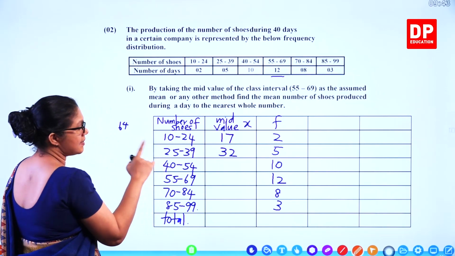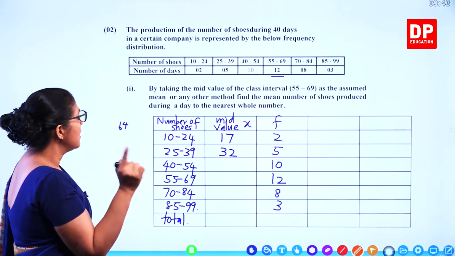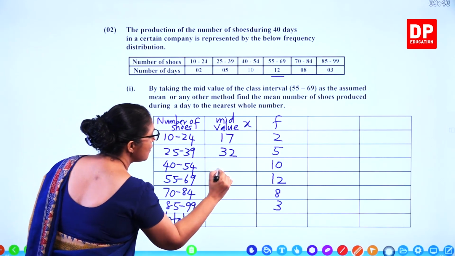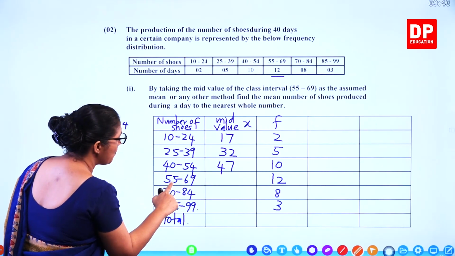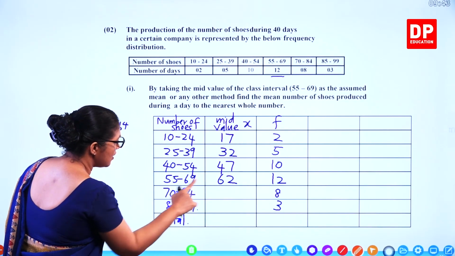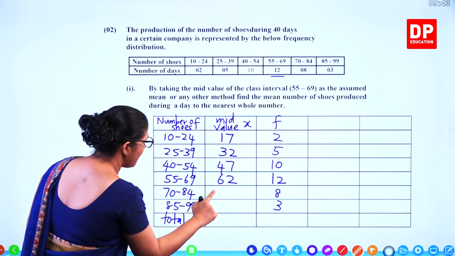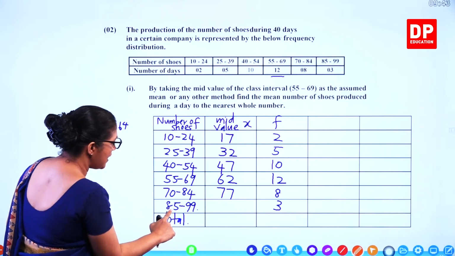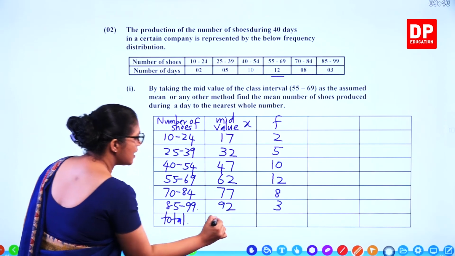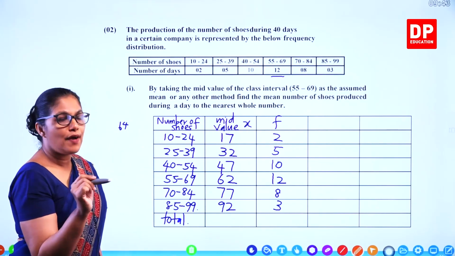So that means we are adding 7 each time: 40 plus 7 is 47, 55 plus 7 is 62, 70 plus 7 is 77, and 85 plus 7 gives 92. So those are the mid values.